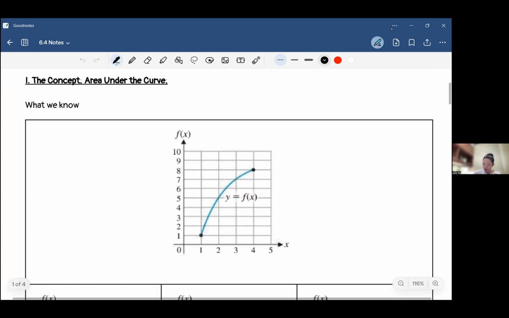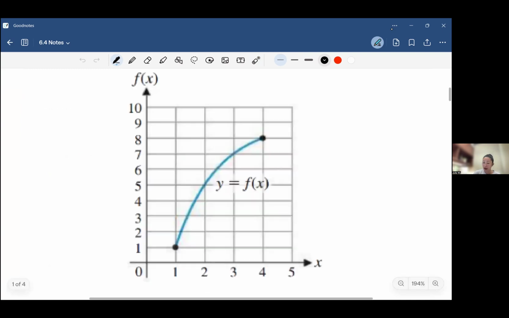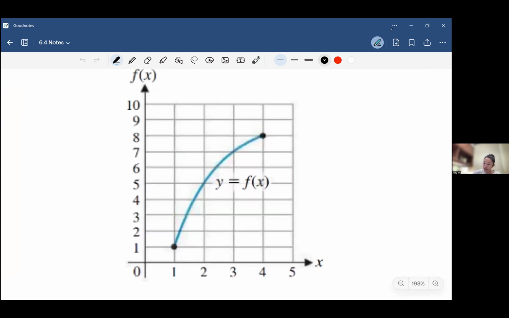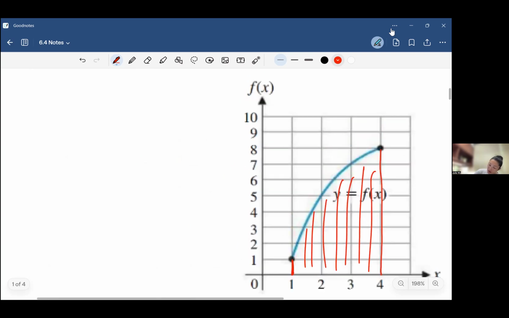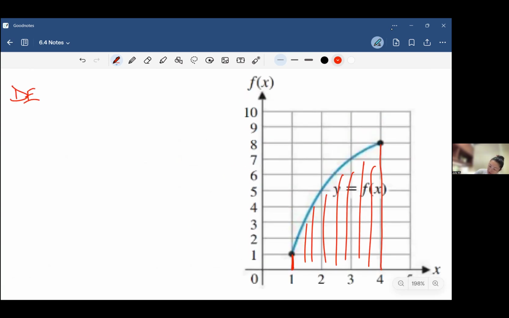All right. So when we see a graph, any graph, it doesn't have to look like this. But if someone were to say, I'd like you to find the area under this blue curve from x equals 1 all the way to x equals 4, so they want you to find all of this area, we do that by finding the definite integral.